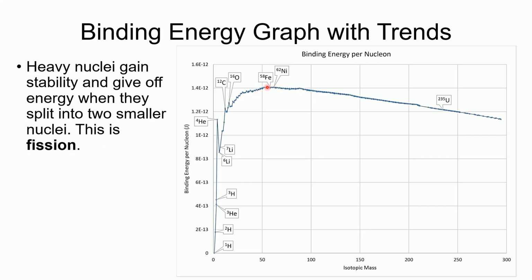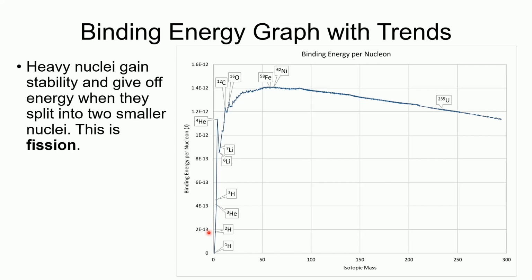Here we've got iron 58 and nickel 62. Those are two of the most stable ones. So anything in that 55 to 65 range as far as the mass number is going to be pretty darn stable.